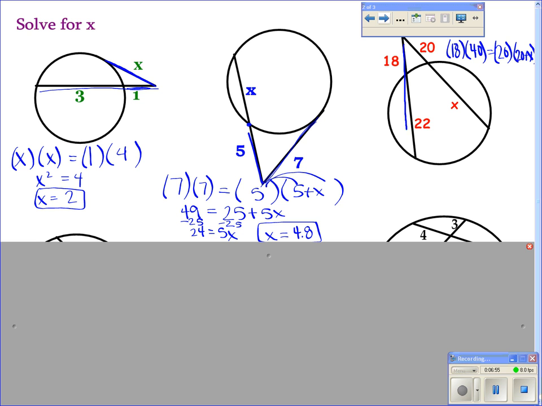You add the whole thing together. So we'll distribute that. We get 400 plus 20x. We'll minus 400 from both sides and divide by 20. How much? 160. 16.